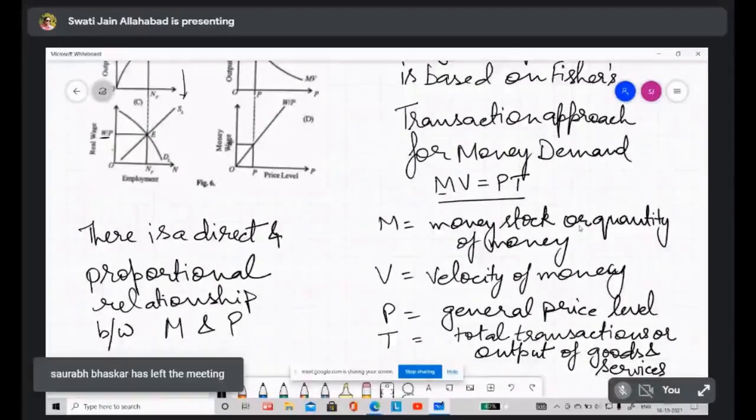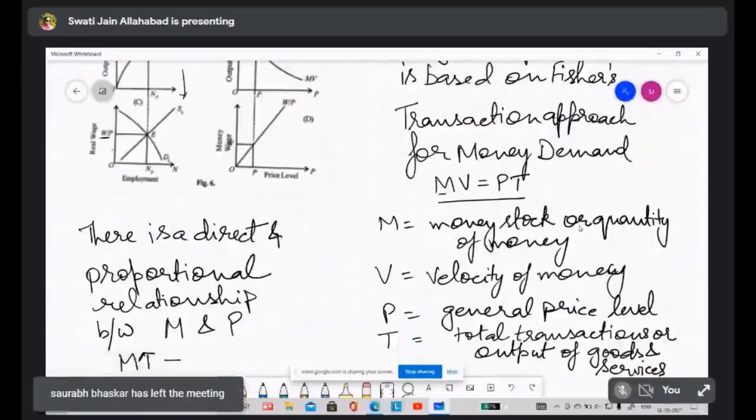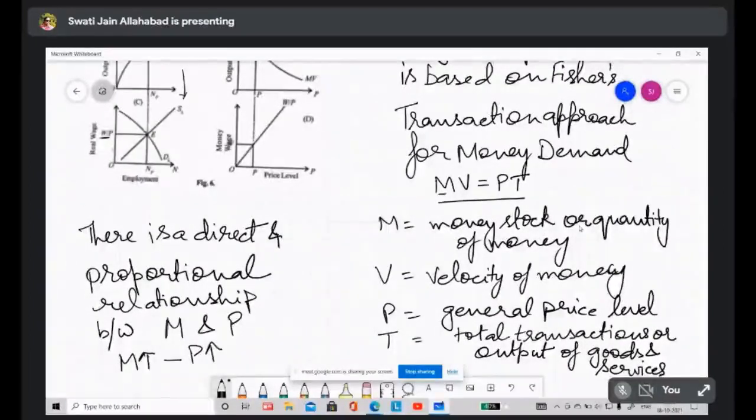So as the money stock goes up, price level also goes up, right? Remember this. Up to now, if you want to understand anything or if you have any question, let me see.